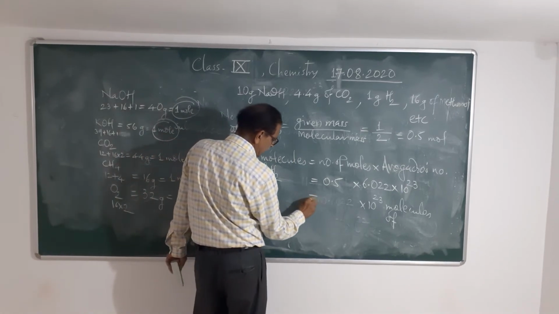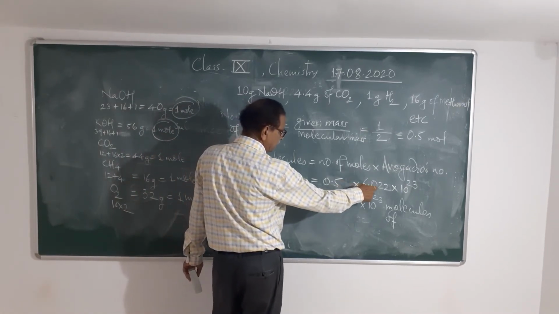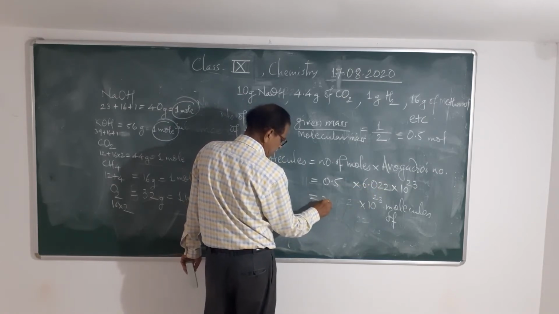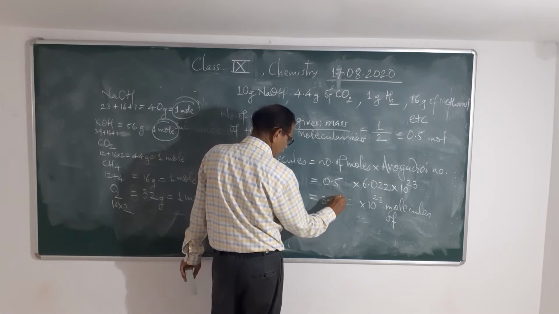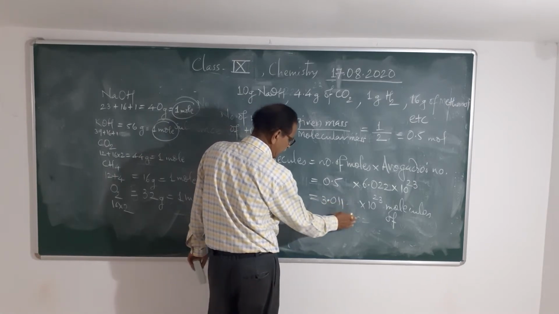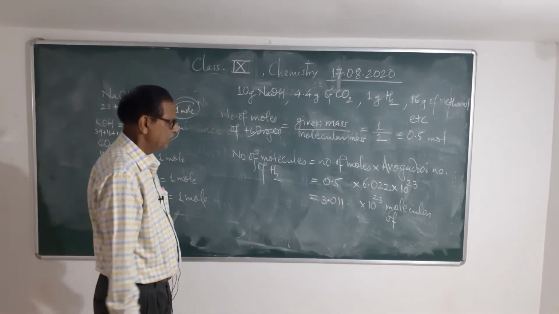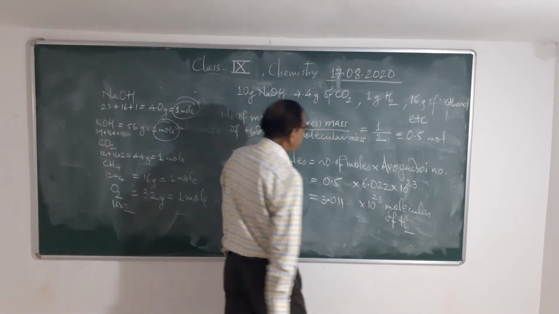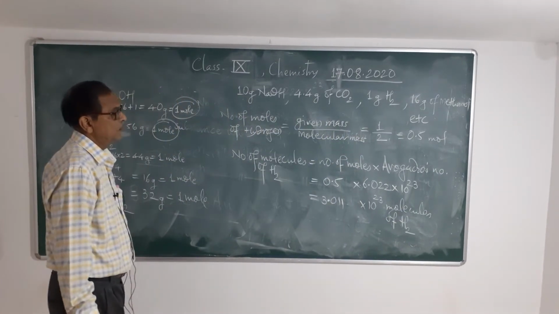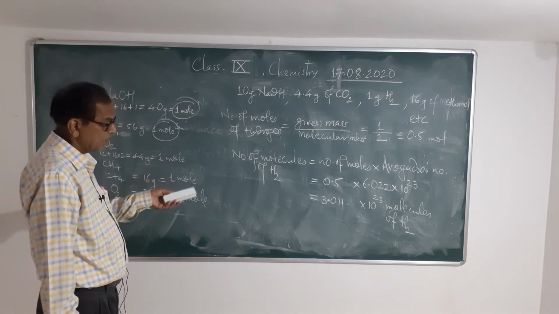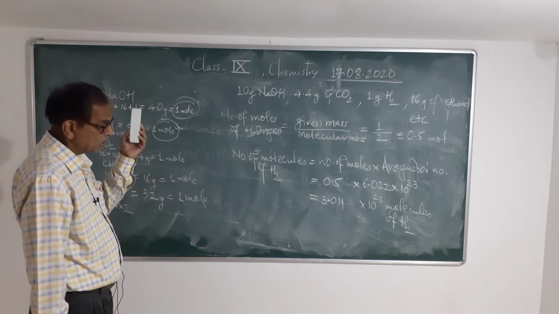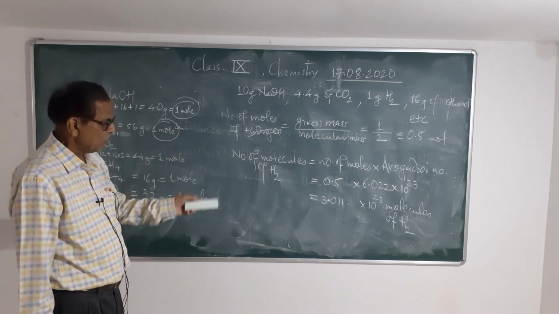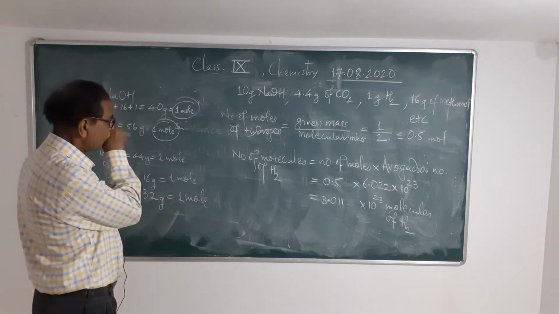So we can calculate 0.5 multiplied by 6.022, which will be 3.011 into 10 raised to power 23. So this will be the number of molecules of hydrogen in 1 gram of hydrogen. So 1 gram of hydrogen contains half of the Avogadro's number of molecules, which is 3.011 into 10 raised to power 23.